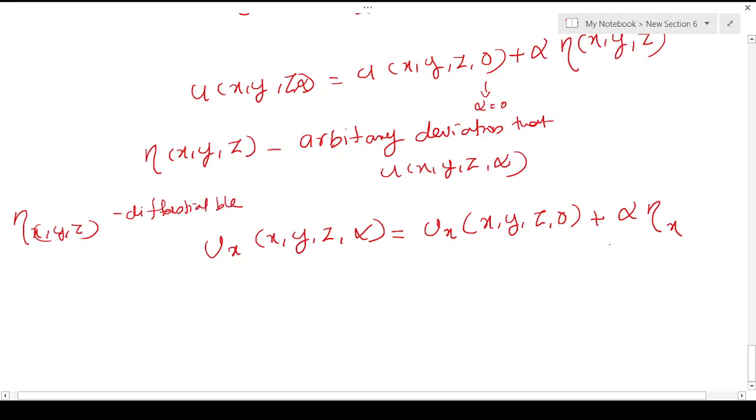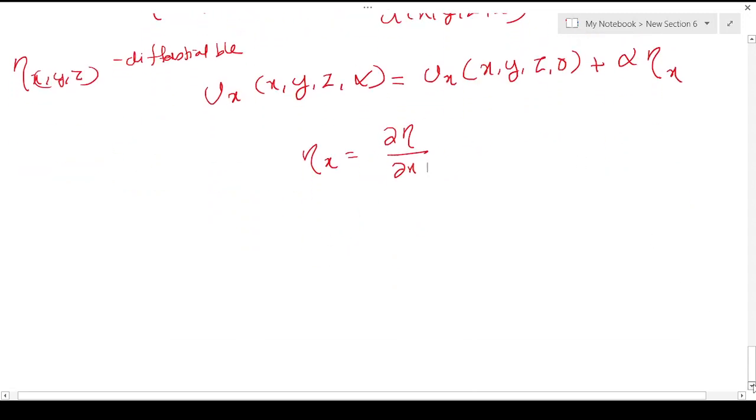So eta_x means you are actually taking dou eta by dou x. We are only talking about the x direction now.